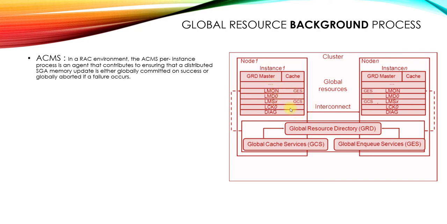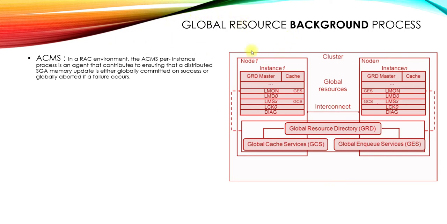Anything modified on the buffer is called a dirty buffer. But when the data record is committed, and then the checkpoint occurs, either automatically, using the force command, or using the alter checkpoint, those buffers are stored into the data files.